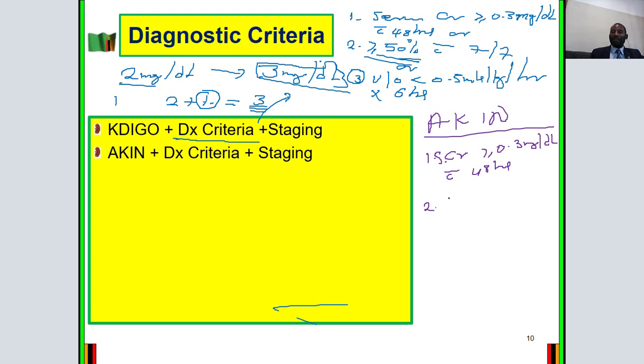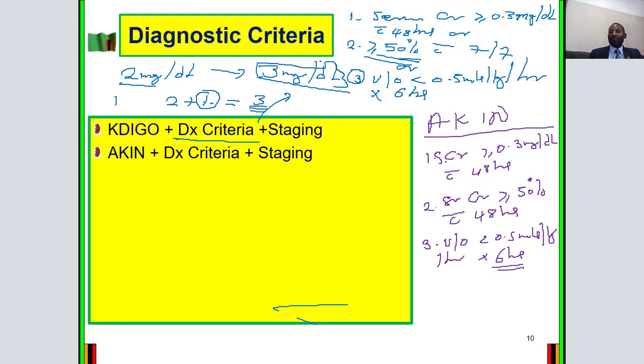Number 2, serum creatinine increase of more than 50% from the baseline within 48 hours. Number 3, using the urine output, less than 0.5 mils per kg per hour for 6 hours.